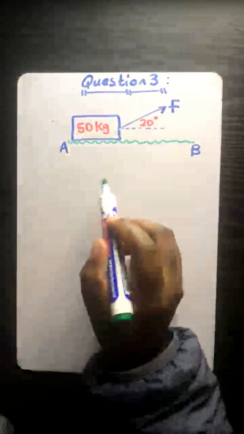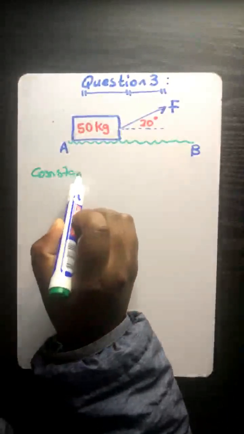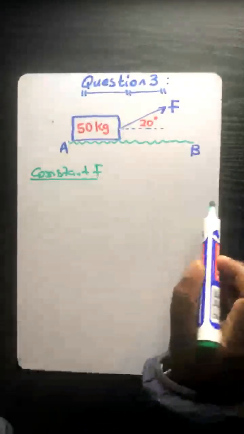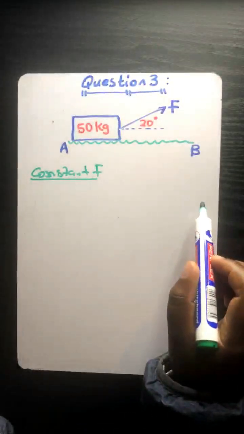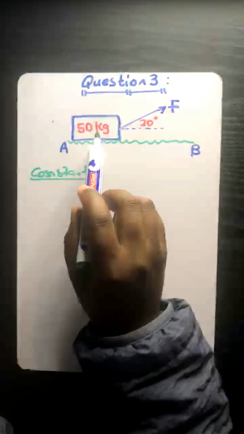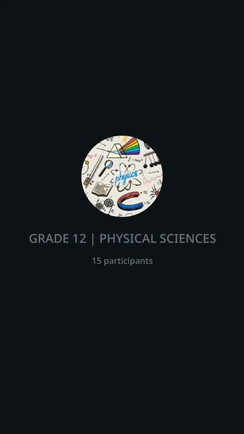They've mentioned a constant force, and that the 50 kg block is pulled at a constant speed.